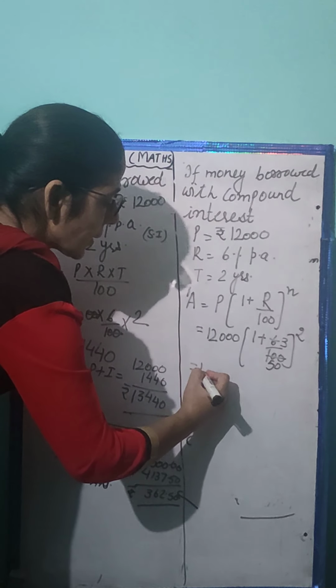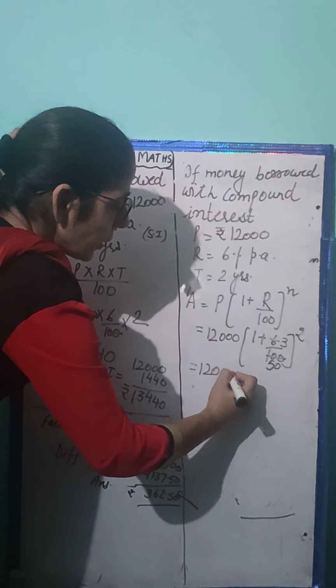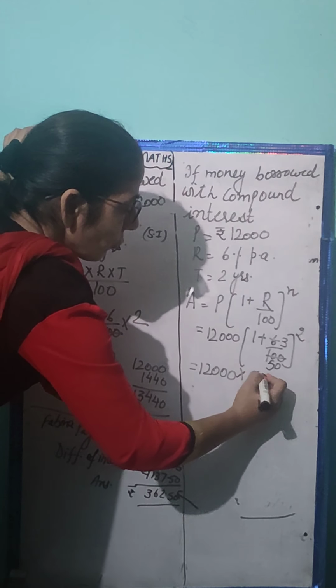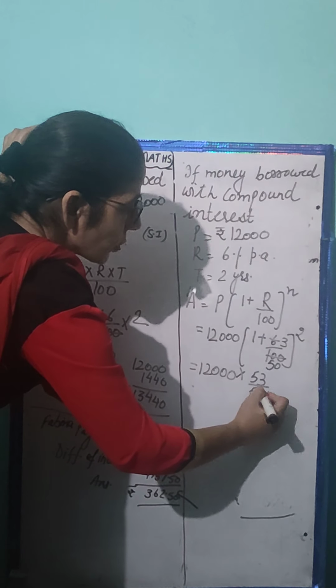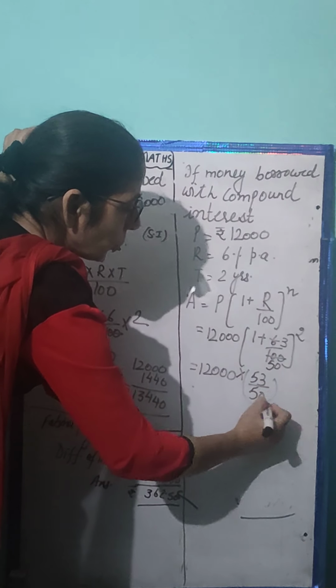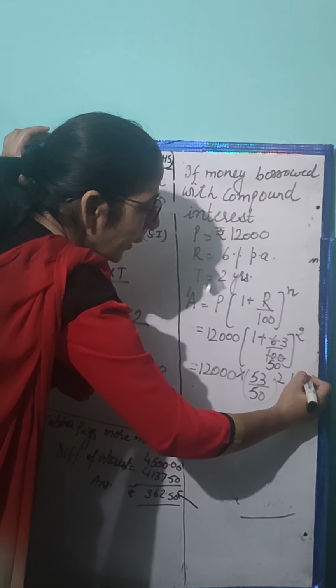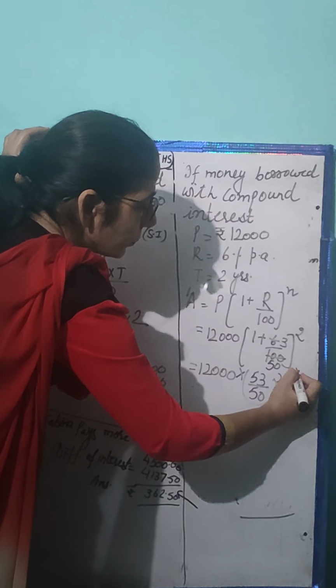I am taking LCM. 12,000 into 53 by 50 whole raised to power 2. What I have done? I have taken LCM.